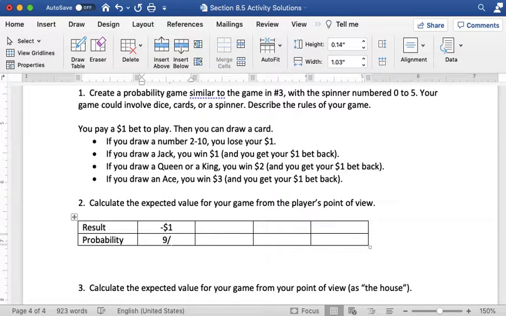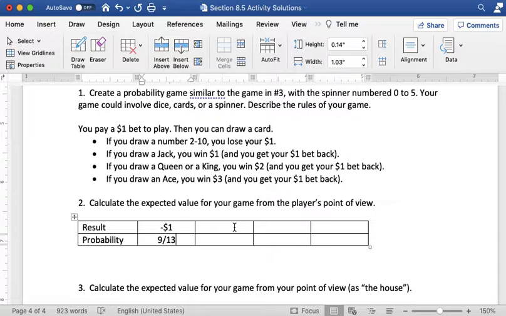There are 36 cards in the deck that are the numbers between 2 and 10, and 36 out of 52 can be simplified to 9/13. Or you can just think about each suit has 9 cards in it that are the numbers 2 through 10, and there are 13 cards in each suit. Either way, that's the first possible result.